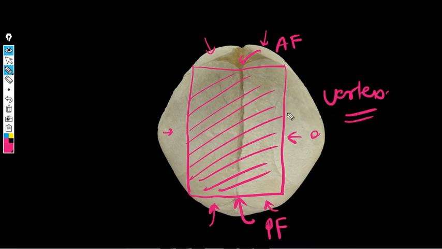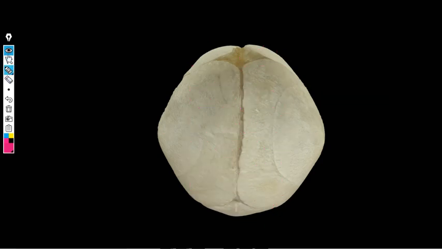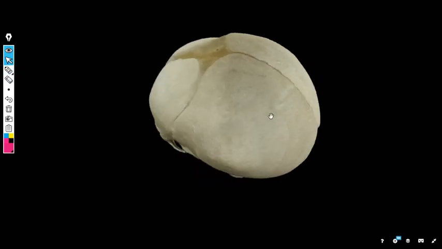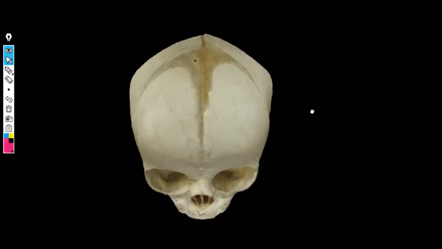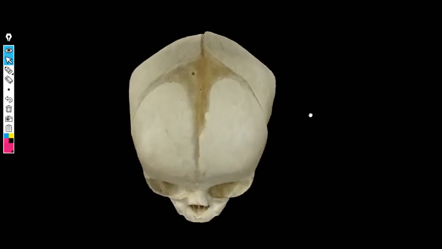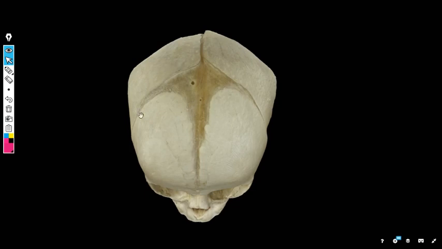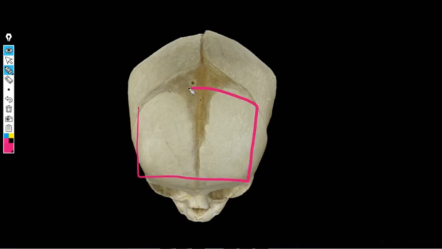We are going further. We are seeing the part that is called the brow. If we see the skull like this, this particular part is called the brow part. And when this part is present as a presenting part, it is called brow presentation.